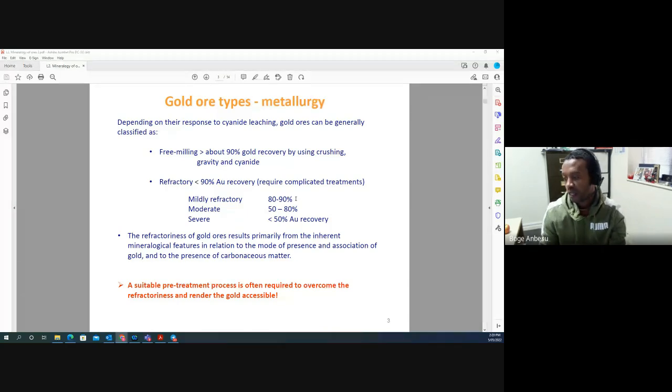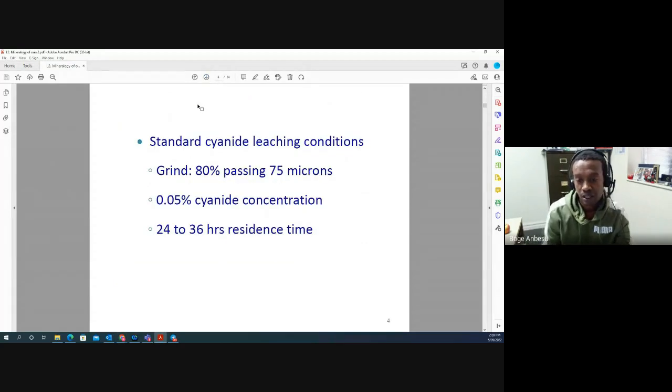So when I say if you did the correct thing, maybe at a plant stage, you are getting 90% recovery or 70% recovery, regardless of what type of ore you're recovering or processing. But when we try to determine whether it's refractory or free milling, we can run a simple lab-based process.